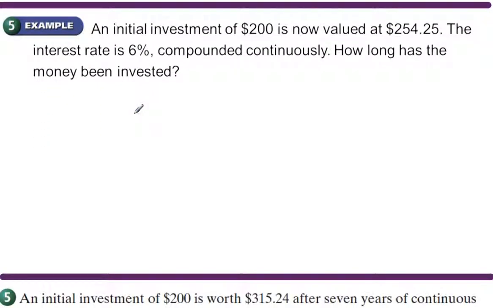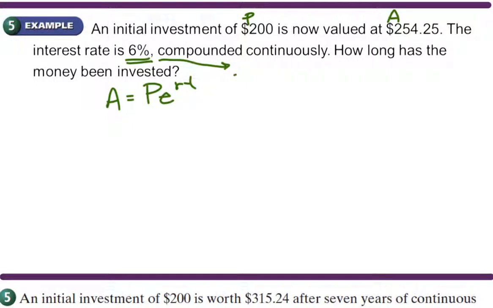All right, let's go ahead and take a look at this. An initial investment of $200 is now valued at $254.25. So we've got A equals Pe^(rt). This is my P, the initial investment. This is my A, the amount I have now. The interest rate is 6%, and I need to write that as a decimal, and that's compounded continuously, so that's how we know we're using this formula.